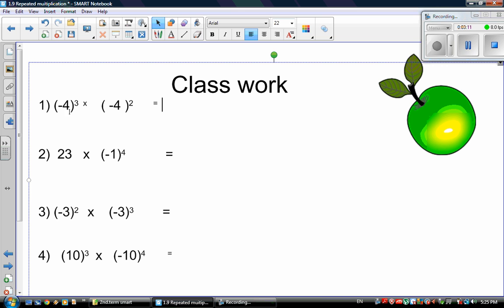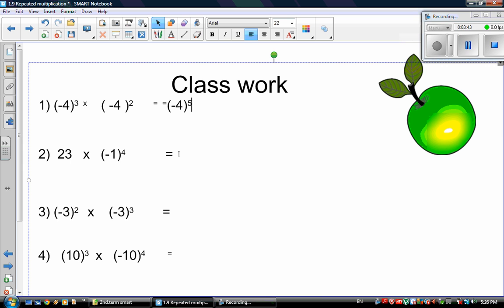We notice that the bases are equal, so we can keep the base as it is, negative 4, and then add the powers. So 3 plus 2 equals 5.